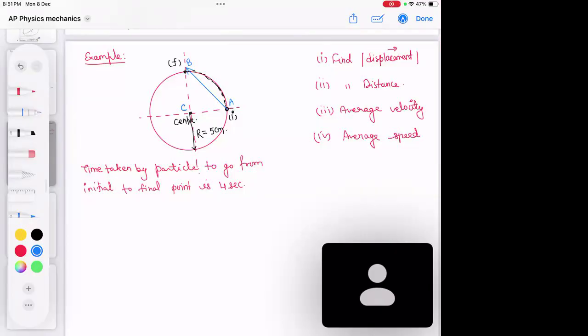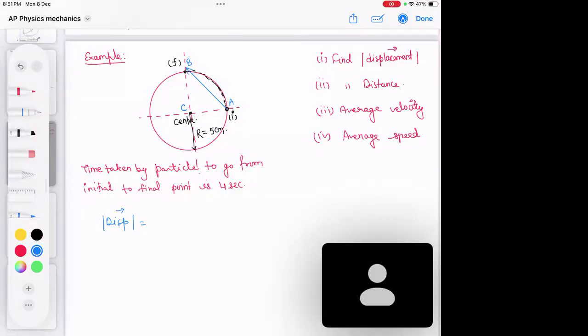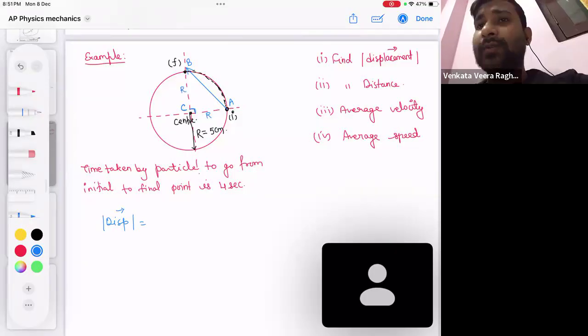Yes, sir. So the magnitude of displacement is the straight line length AB, which is root 2 R. And the radius is given as 5 centimeter, so 5 root 2 centimeter, we got it.